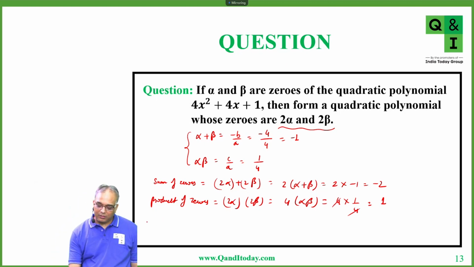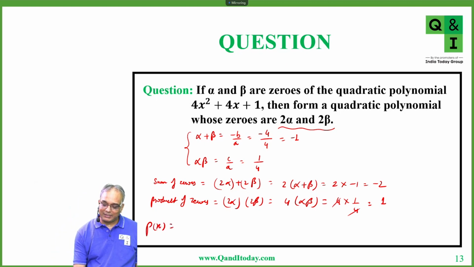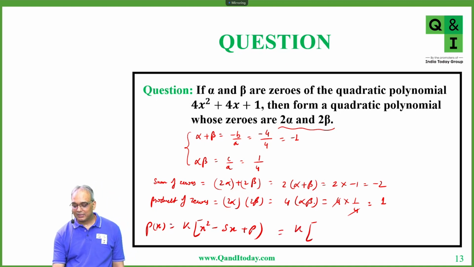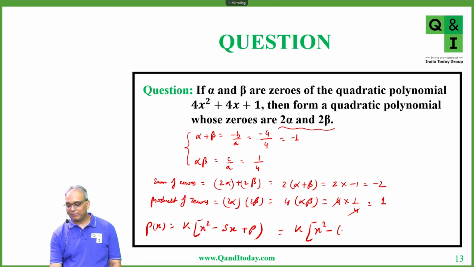So now the polynomial px is of the form k times x square minus sum of zeros into x plus product of zeros. So this is k times x square minus, what is sum of zeros? Minus 2. And what is product of zeros? 1. So this will be k times x square plus 2x plus 1.